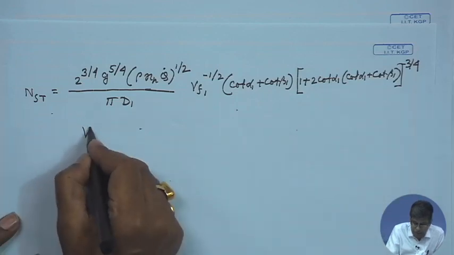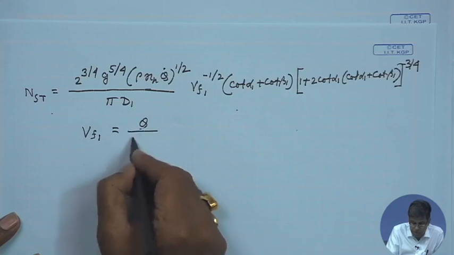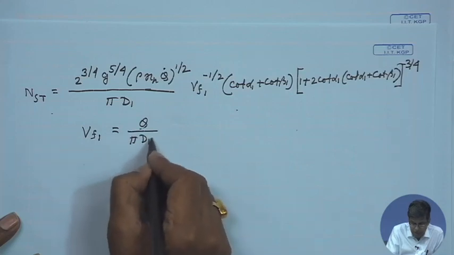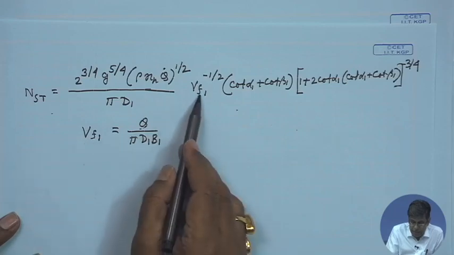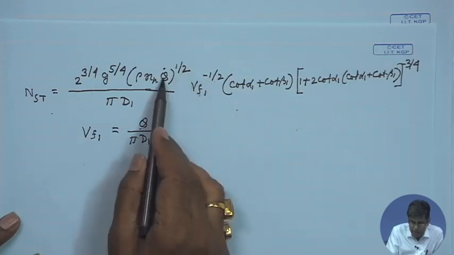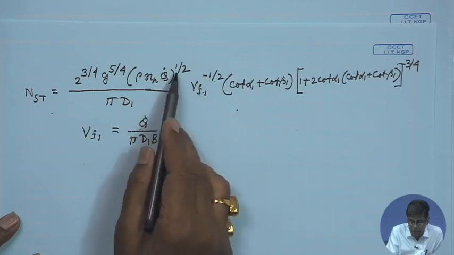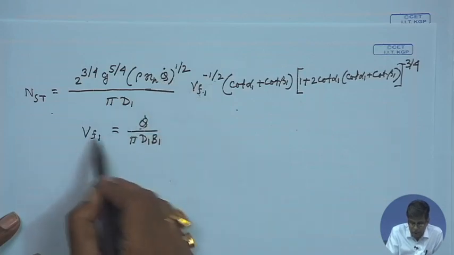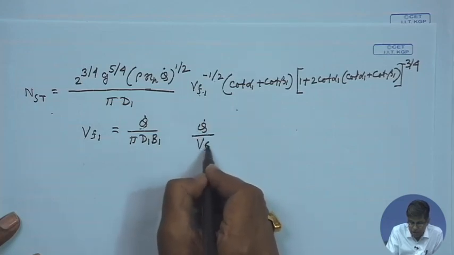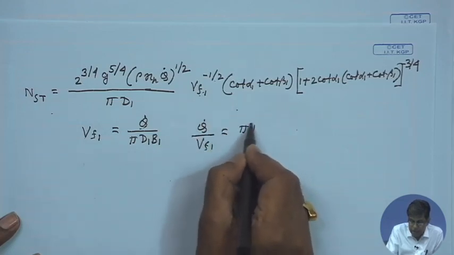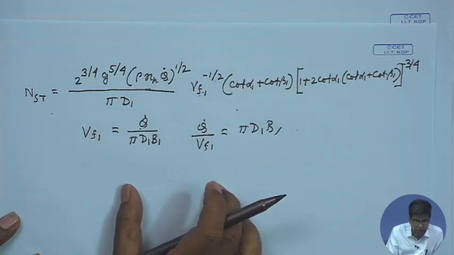And Vf1 is equal to Q by pi d1 b1. This is Vf1 to the power minus half, that means this can be taken together as Q dot by Vf1 to the power half, and Q dot by Vf1 can be replaced as pi d1 b1, and another expression will come.